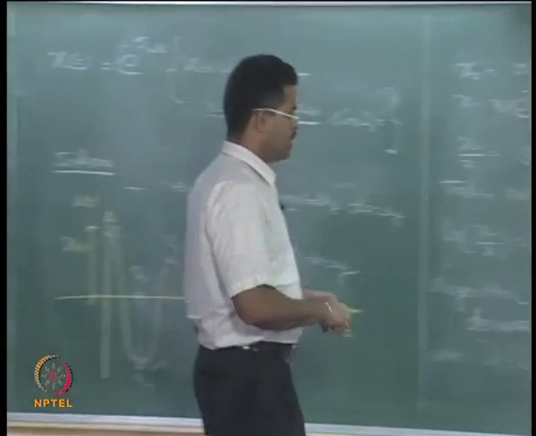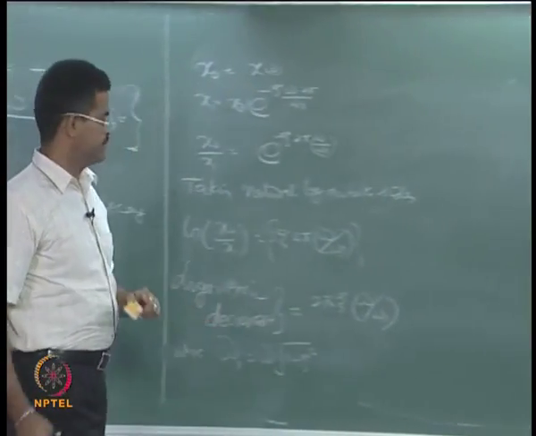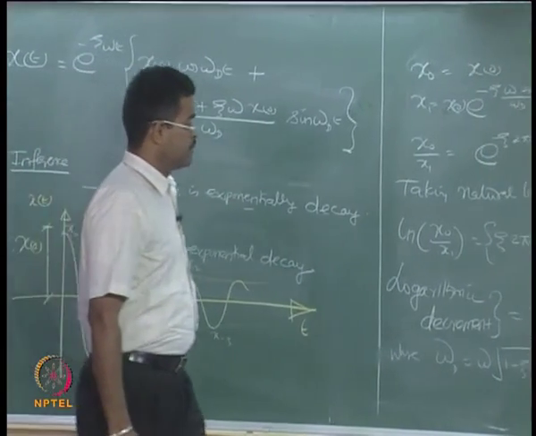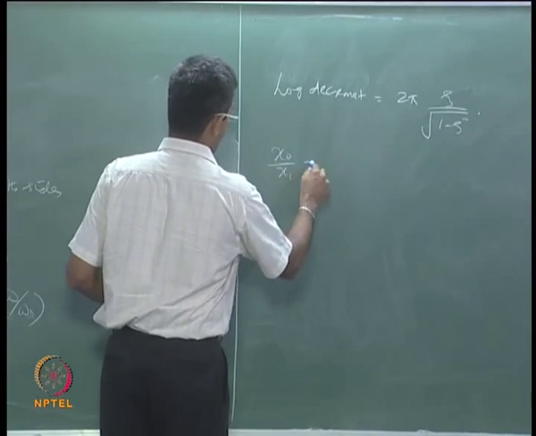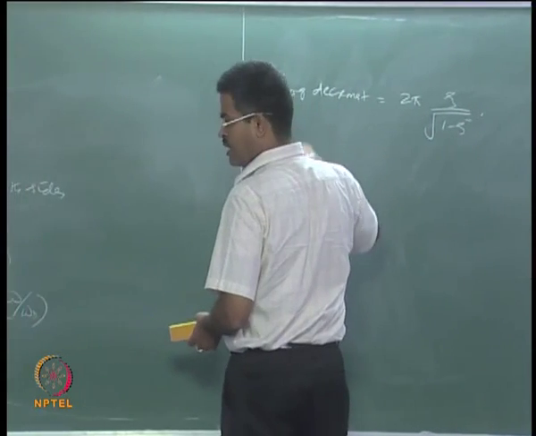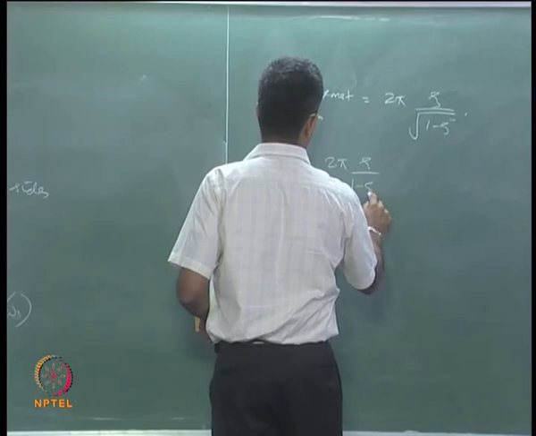Okay. Let us expand this argument slightly further and see what is the benefit of this whole discussion. I also know that x0 by x1 is nothing but the successive decrement, e to the power of 2 pi zeta by root of 1 minus zeta square.